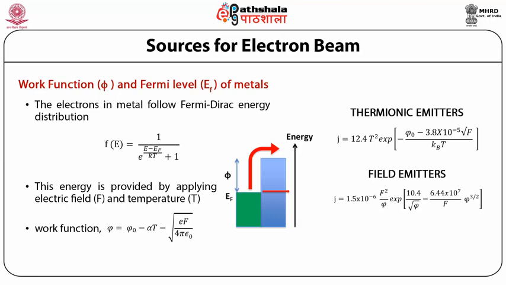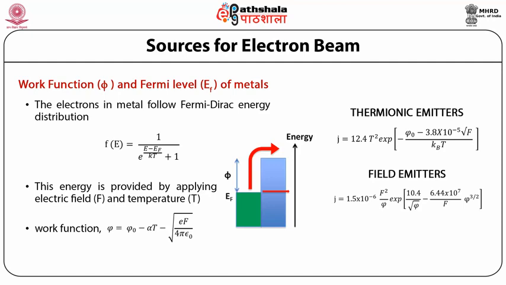Current for field emitters is given by the Fowler-Nordheim equation given as J is equal to 1.5 into 10 to the minus 6 F square divided by phi, exponential of 10.4 divided by square root of phi, minus 6.44 into 10 to the power 7 divided by F, phi to the power 3 by 2.